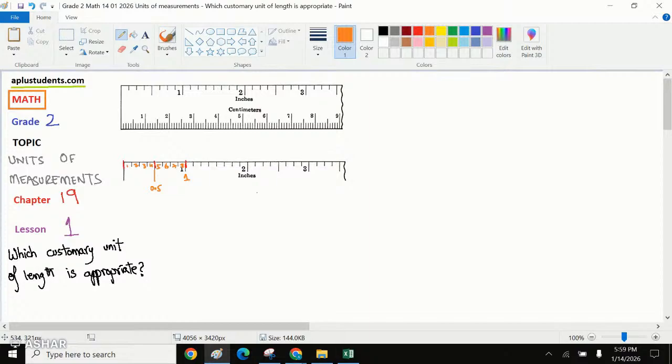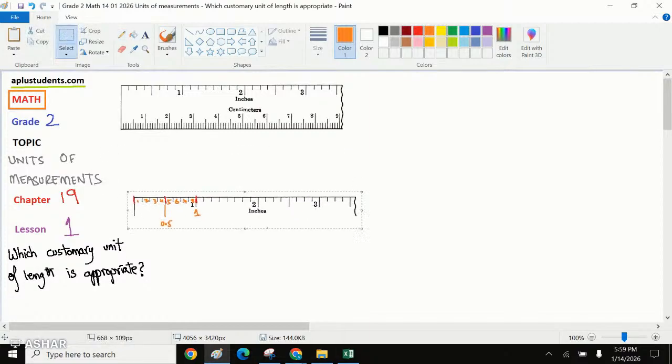But if we want to compare the length of an inch to a centimeter, can we get a centimeter from here? This is a centimeter ruler. Can we compare them together? Let's try to compare them by putting them very close to each other. Can we say this length from here till here was 1 centimeter? Agreed? From here till here, this was the second centimeter.